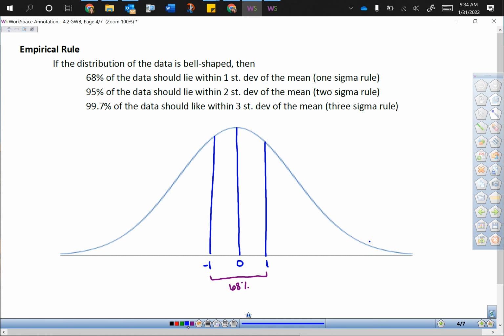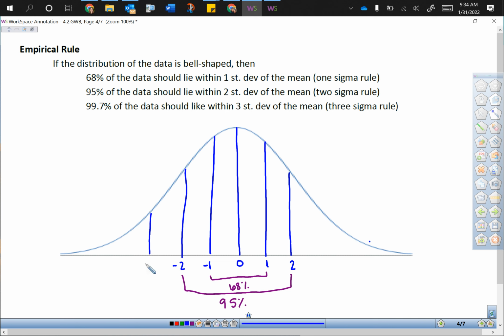95% of the data is going to lie within 2 standard deviations of the mean. So if I go 1 standard deviation this way, and then I go another standard deviation this way, that would mean I'm 2 standard deviations away. And the same thing this direction, I would be negative 2 standard deviations this way. That means 95% of my data is going to be in that section right there.